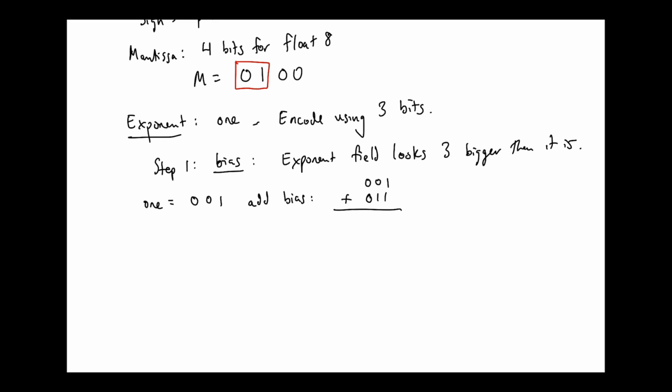So the top number 0, 0, 1 is our exponent, and the second number is the number 3, which is my bias. If I add those together, I end up with this bit pattern.